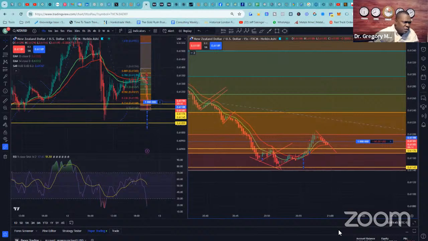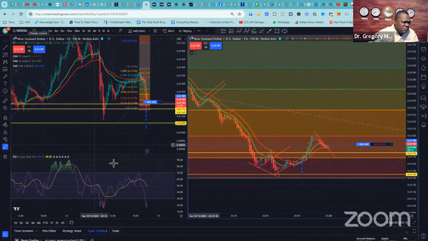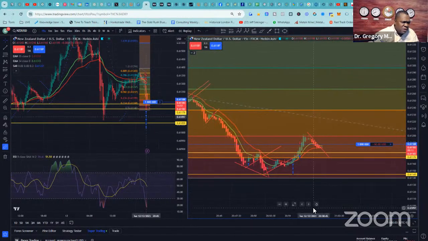Got long New Zealand dollar versus US dollar. This is a 15-second chart of the New Zealand dollar versus US dollar. It's some extra spiky strength on the dollar index.